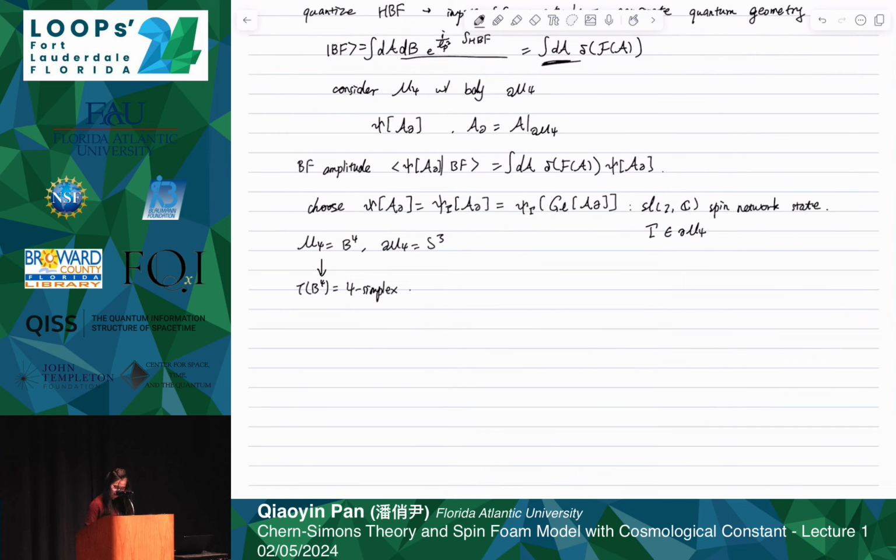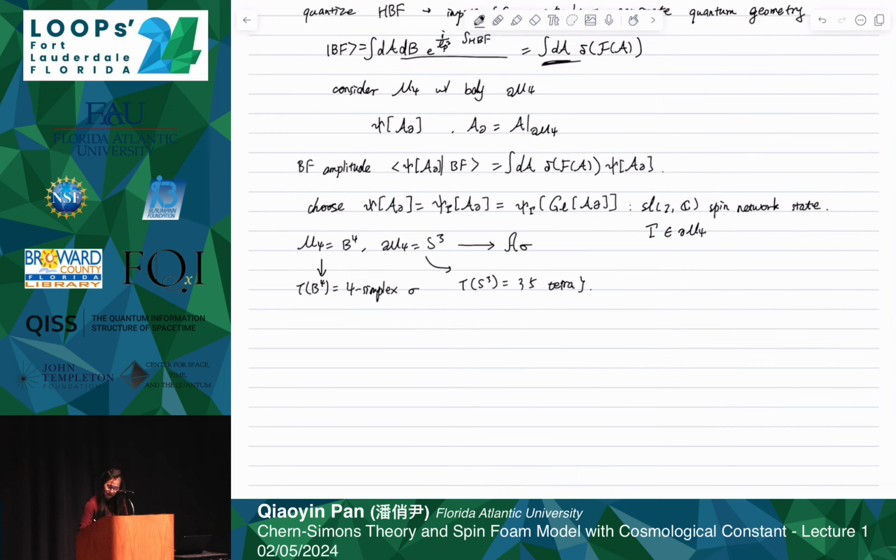I denote it by sigma. And the triangulation of a three-sphere is a collection of 5 tetrahedra that are glued together pairwise. And on this four-manifold, I can construct the amplitude for the four-simplex.